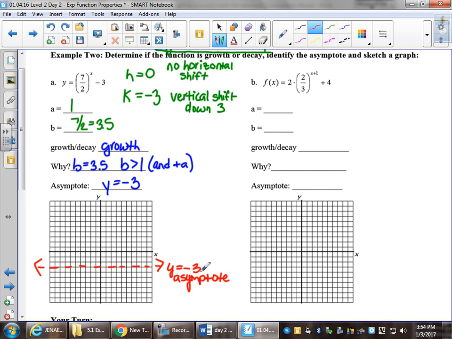And because this is growth, I know that it's going to be moving away from the asymptote left to right. And we're done with our graph. So we're ignoring H and K, and for the graph, you're ignoring the horizontal vertical shift piece.